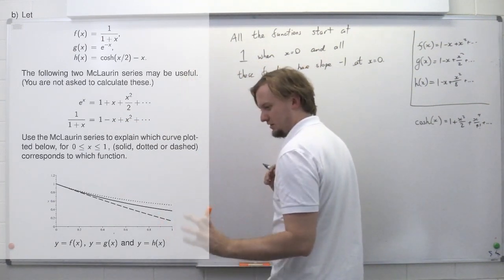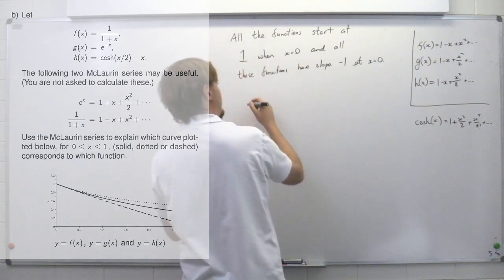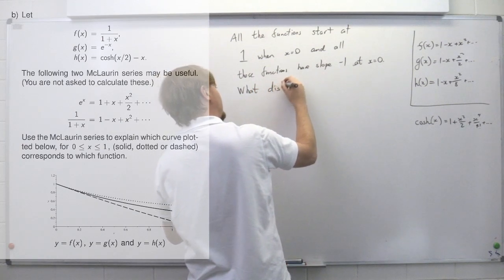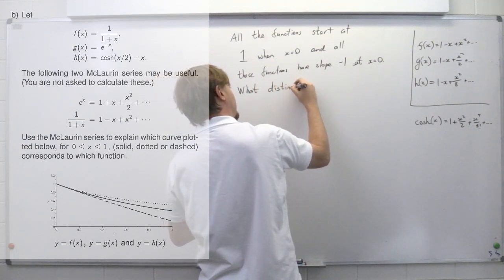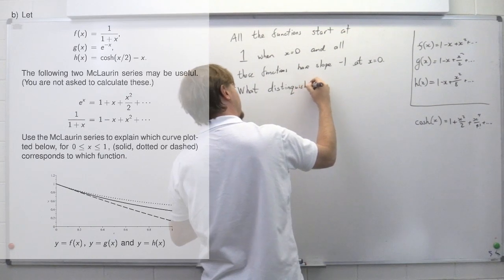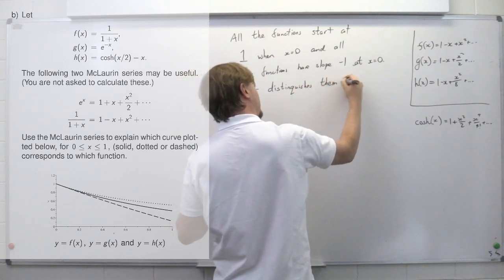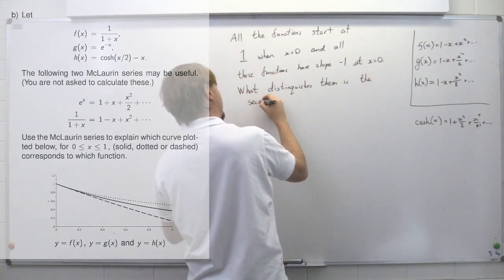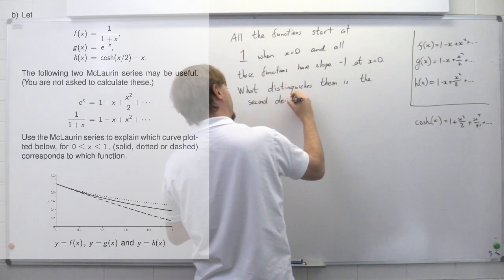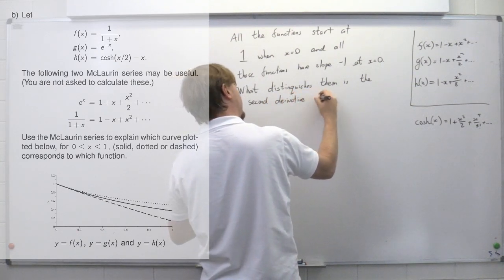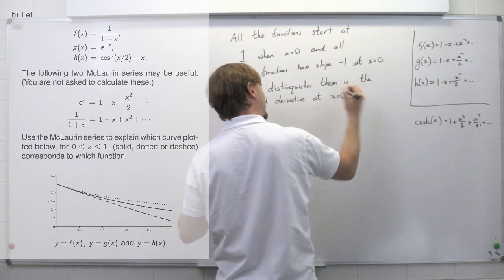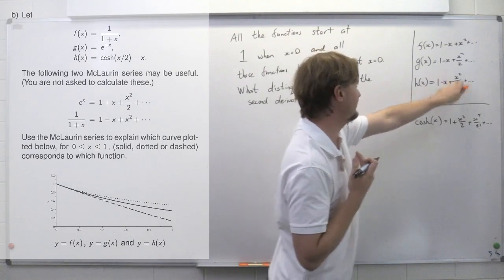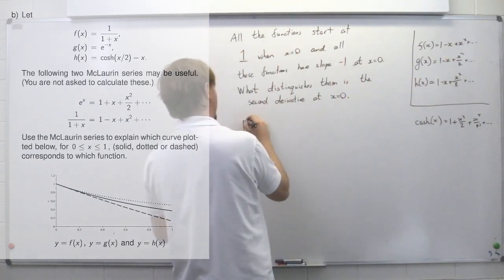But what I can see is that the curvature is different. So what distinguishes them is the second derivative at x equals 0. Now, just looking at what we have, it's a comparison between these three terms.